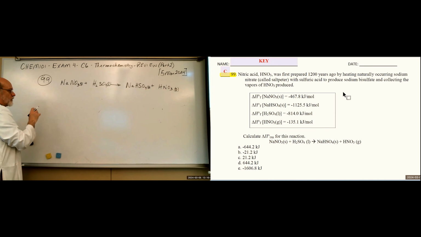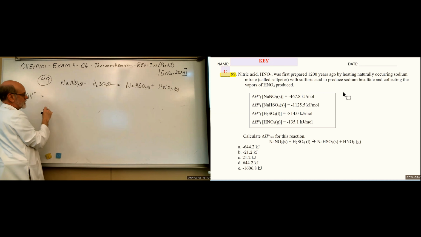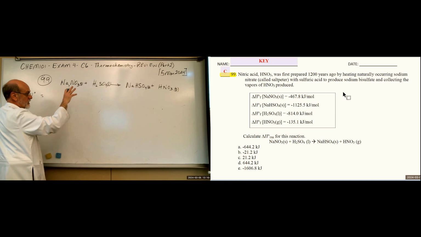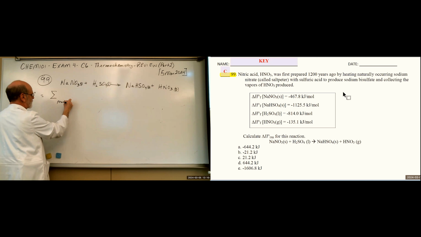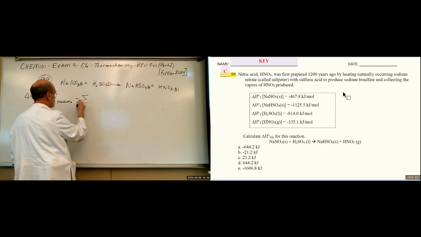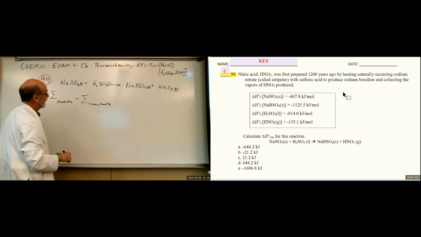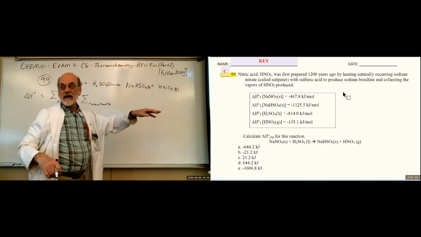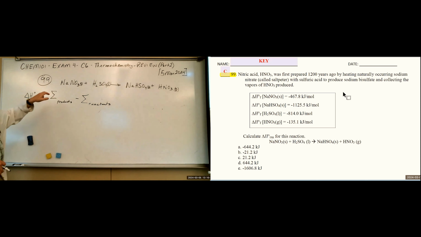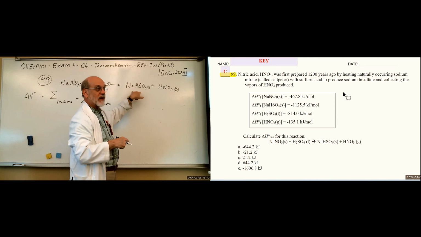So if we're going to calculate the heat of this reaction, we'll use the formula where we take the standard heats of the products and subtract the summation of the standard heats of the reactants. Since this is a balanced equation, they're all 1, 1, 1, 1. We don't have to multiply the moles, but if you had a coefficient in here somewhere, you would have to take that value from the table and multiply by the number of moles.